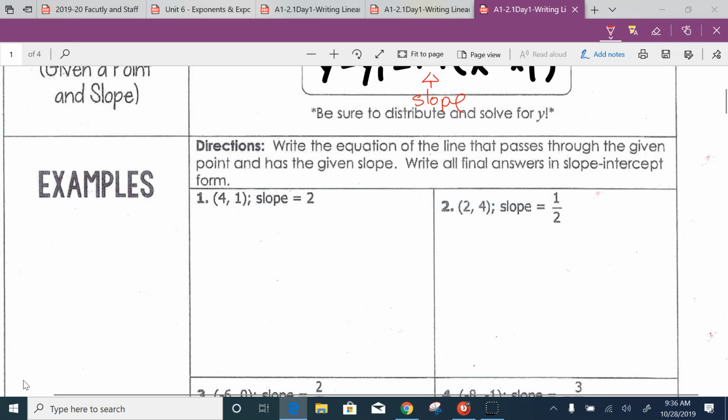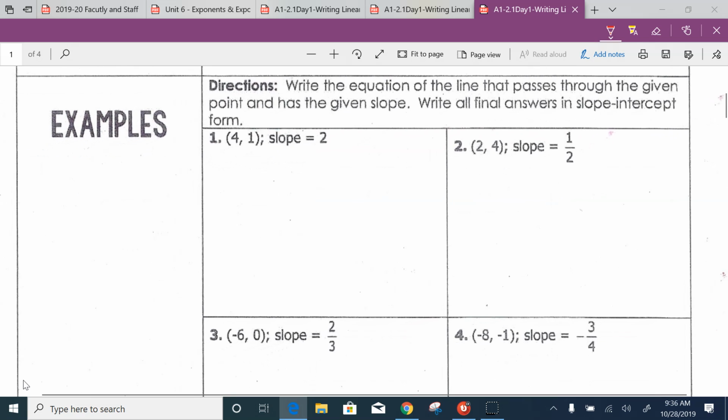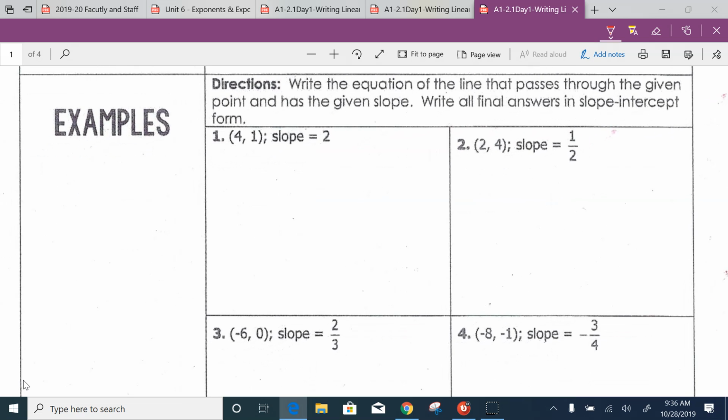So for example, we are asked to write the equation of a line that goes through the point 4, 1 and has a slope of positive 2. So first step is to always write your formula. So our new formula is y minus y1 equals slope times x minus x1. Now we need three bits of information. We need our slope, which is m, that's right here.